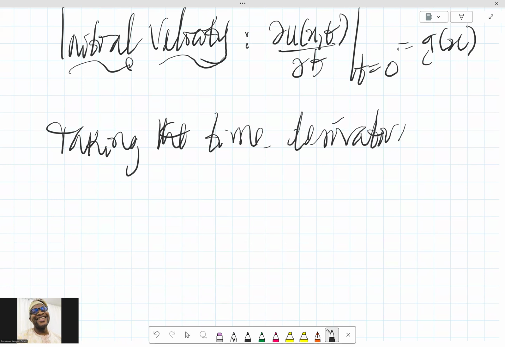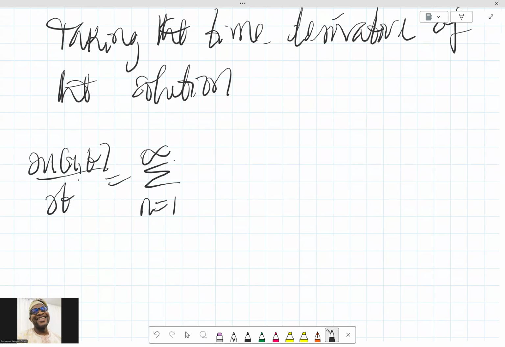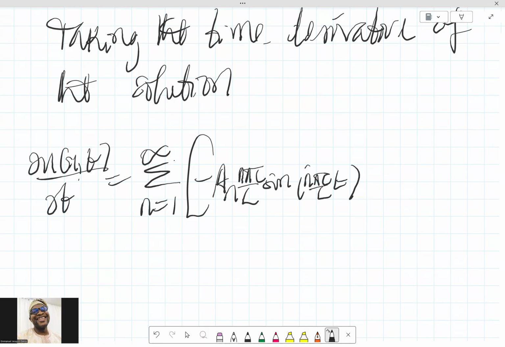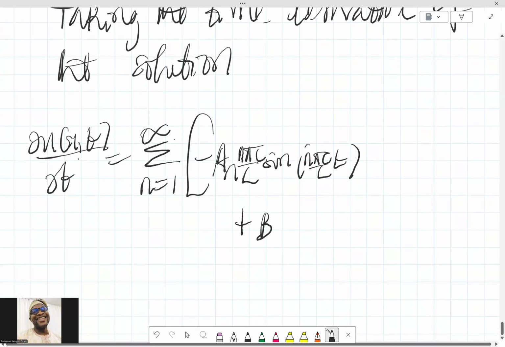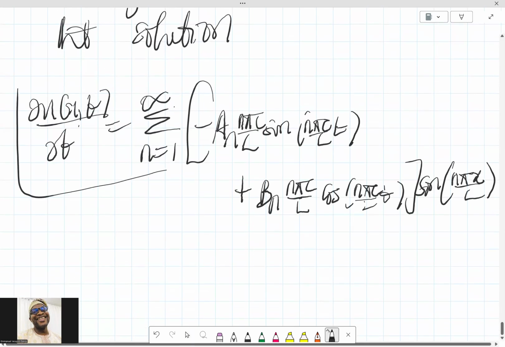Taking the time derivative of the solution, we get summation from n equals 1 to infinity of minus a_n n pi c over L sin(n pi c over L t) plus b_n n pi c over L cos(n pi c over L t), all of this multiplied by sin(n pi x over L). Don't forget this is all one thing.